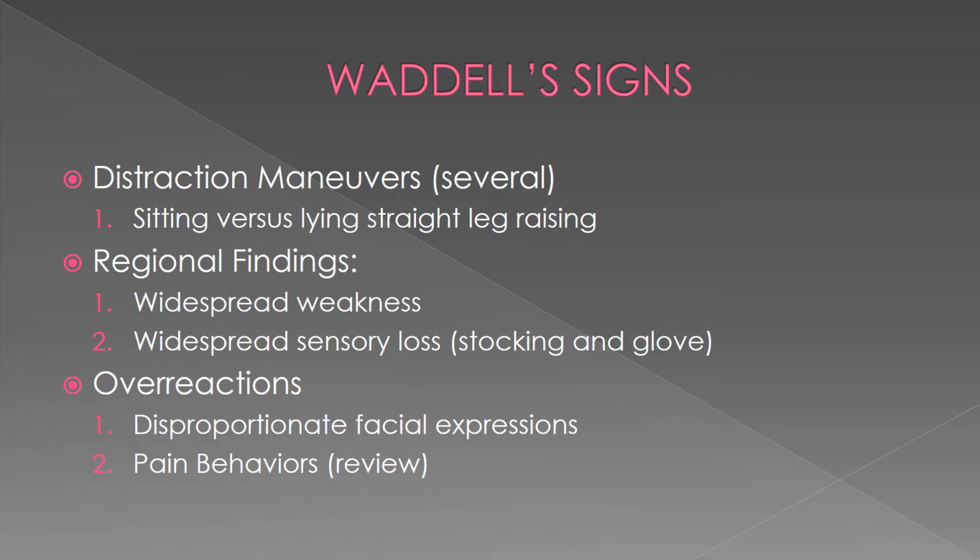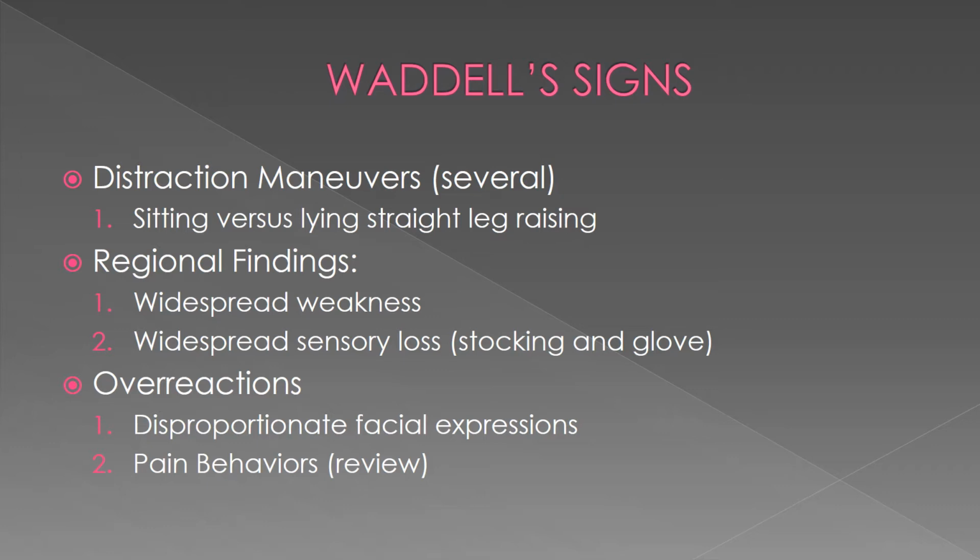Waddell also described the regional findings, and he described regional findings as involving either widespread weakness or widespread sensory loss, whereas in a bona fide lesion of the lumbar spine involving one of the lumbar spine nerve roots, in other words, in a bona fide radiculopathy, neurologic findings should be in strictly either a dermatomal or myotomal fashion.